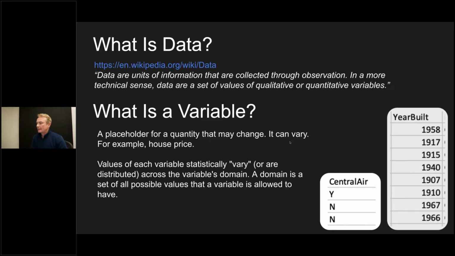Another great example to think about is year built. If you were to program this, what definition would you give for the distribution or the domain of year built? You may say from 1920 to the present day.